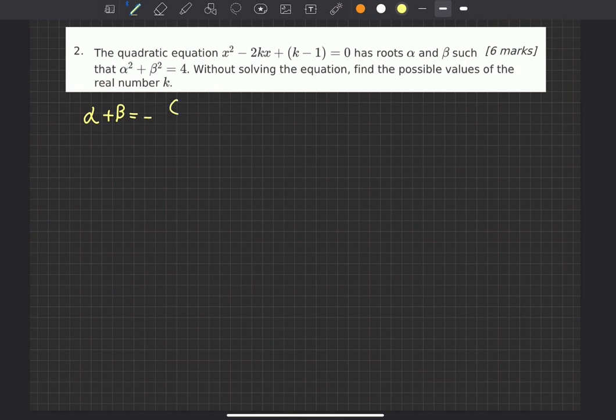So this would be minus minus 2k over 1, which would just be 2k. Next, we know that the product of the roots, alpha multiplied by beta, is the constant, which in this case is k minus 1, divided by the coefficient of the highest degree, which is 1, so it's just k minus 1, right?